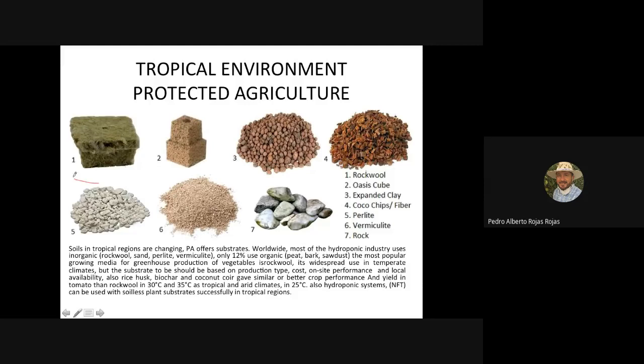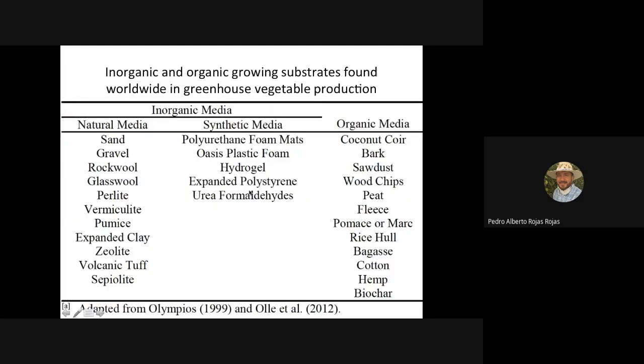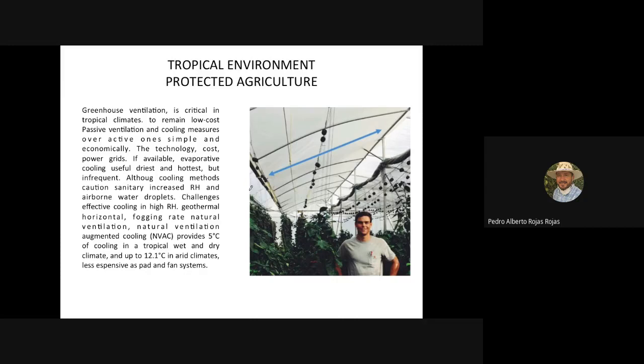The most important we talked about is rock wool, which is the most known around the world. In second place is perlite, and the use of coco fiber is also very important for this area. And we described all the grow media.